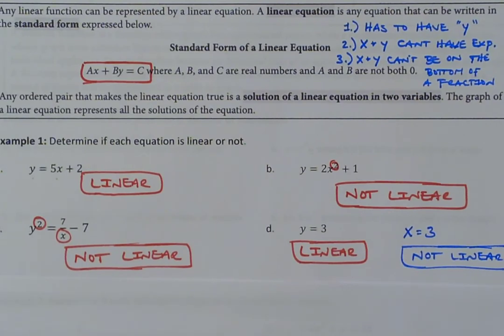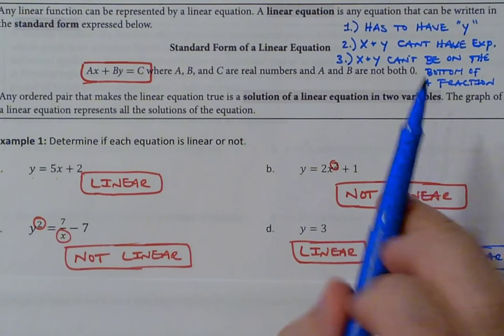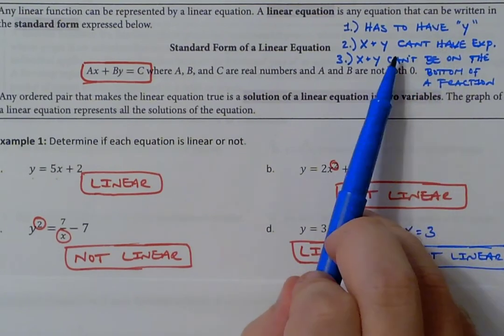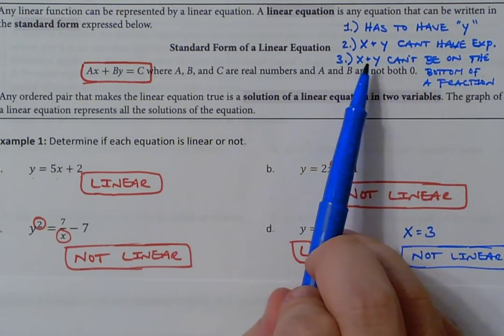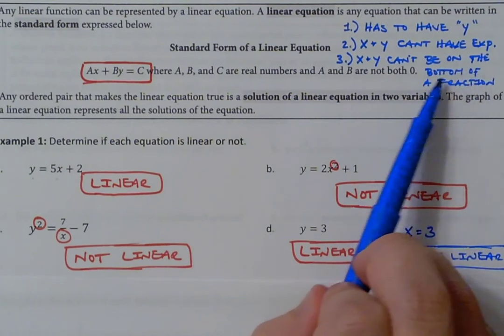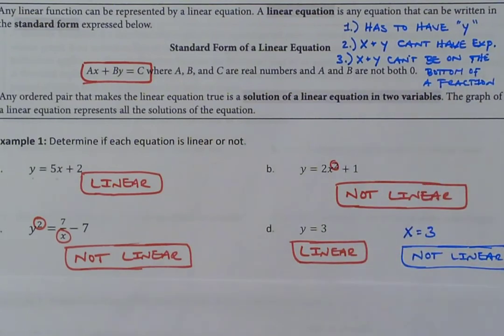Alright, so that is how we're going to go through and determine whether an equation is linear or not. So keep that idea in mind, that it has to have a y, x and y cannot have an exponent, x and y cannot be on the bottom part of a fraction. If those 3 things pass, then you do have a linear function.